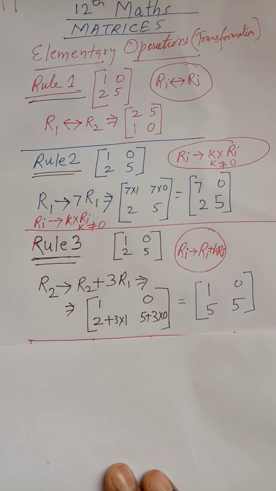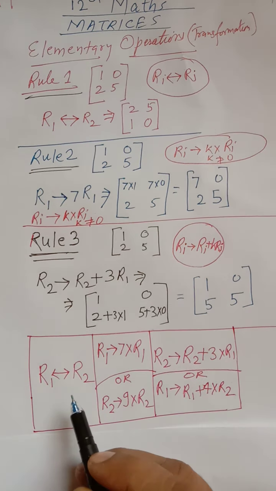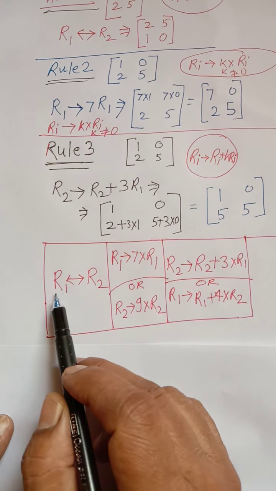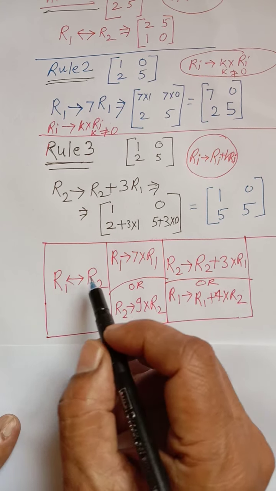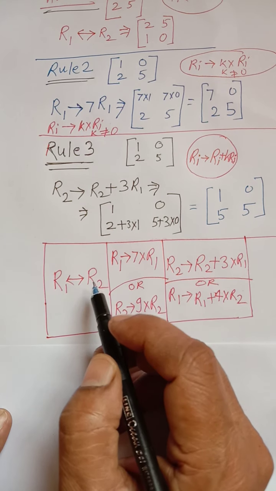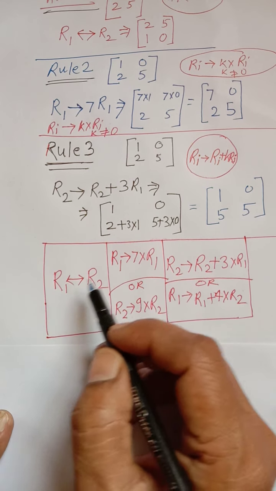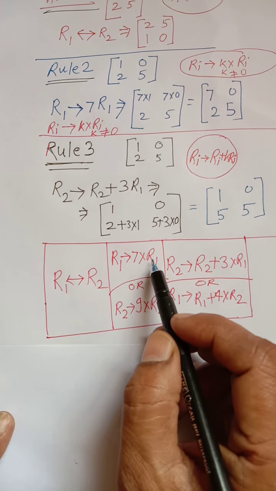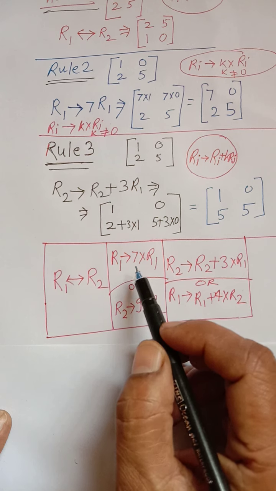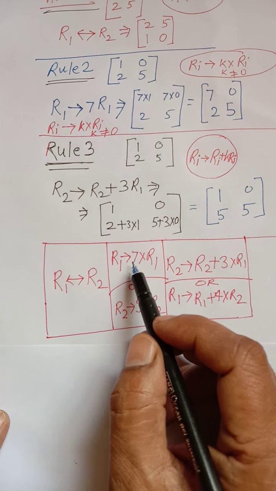Dear children, we have understood 3 rules. Now let us summarize these 3 rules. We have done R1, R2 interchanging. You will write this symbol R1, R2. Means in place of R1 you are writing R2, and in place of R2 you are writing R1. Here we have done 7 into R1. You can take any other number also; for example, we have taken 7.